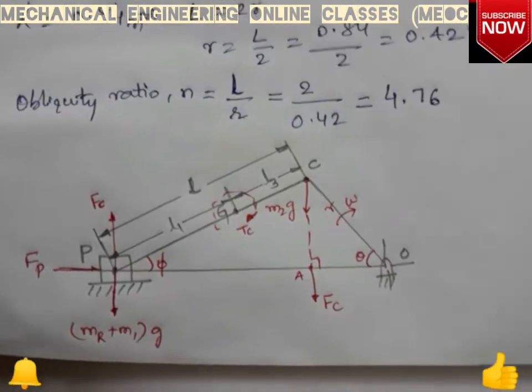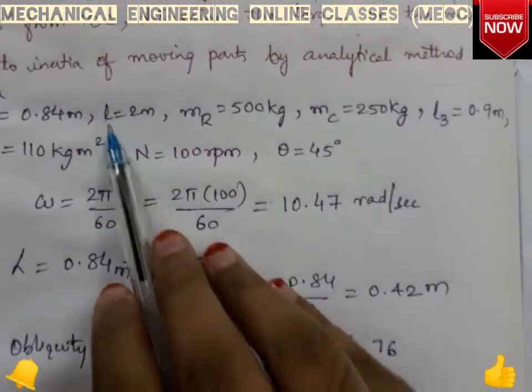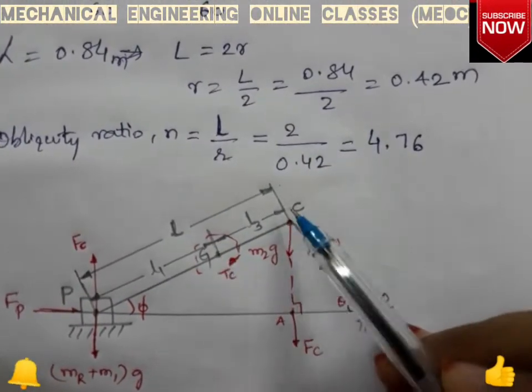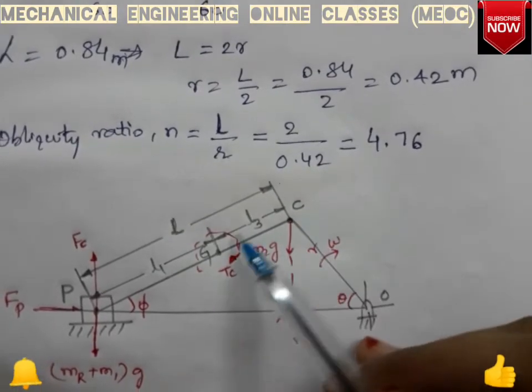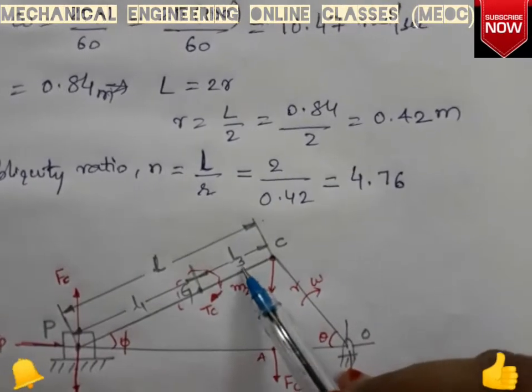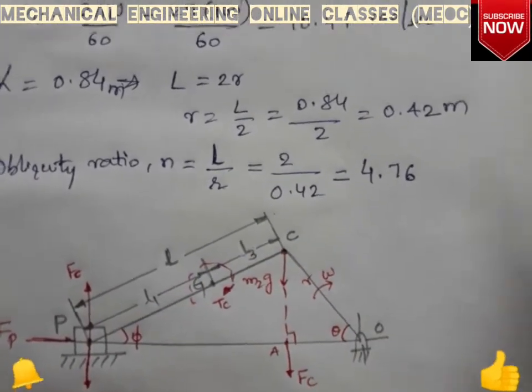So from the figure it is clear that the length of connecting rod, which is taken as L, given 2 meter, and it is also given that G from the crank pin C is at 0.9 meter, which we have taken to be L3. So we know that L is equal to L1 plus L3.